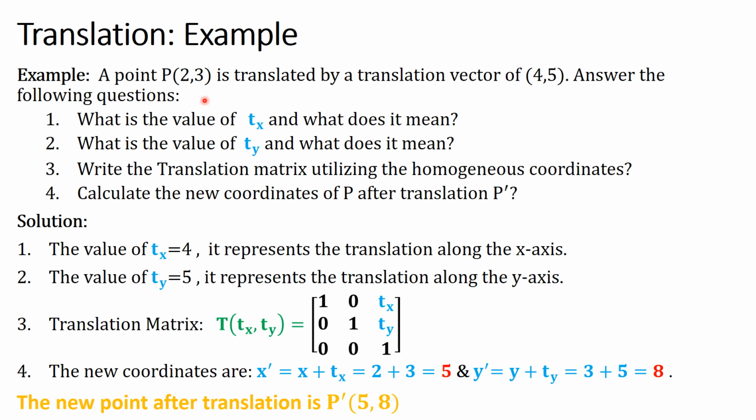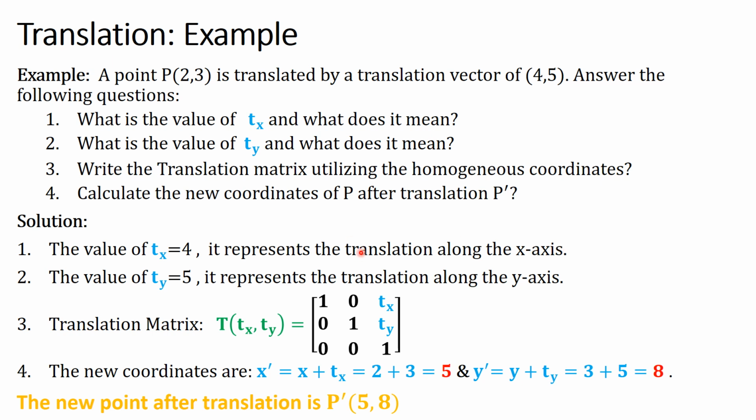What is the value of tx and what does it mean? In the solution, the value of tx is 4. What does it mean? It represents the translation along the x-axis.